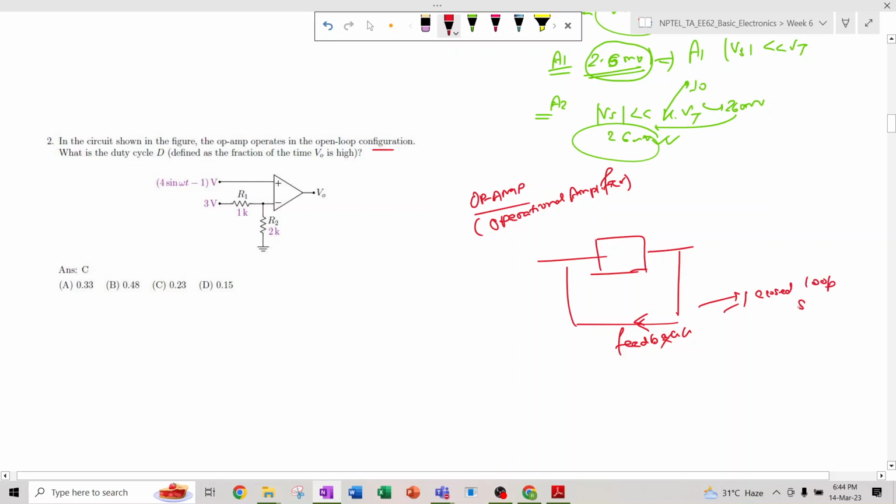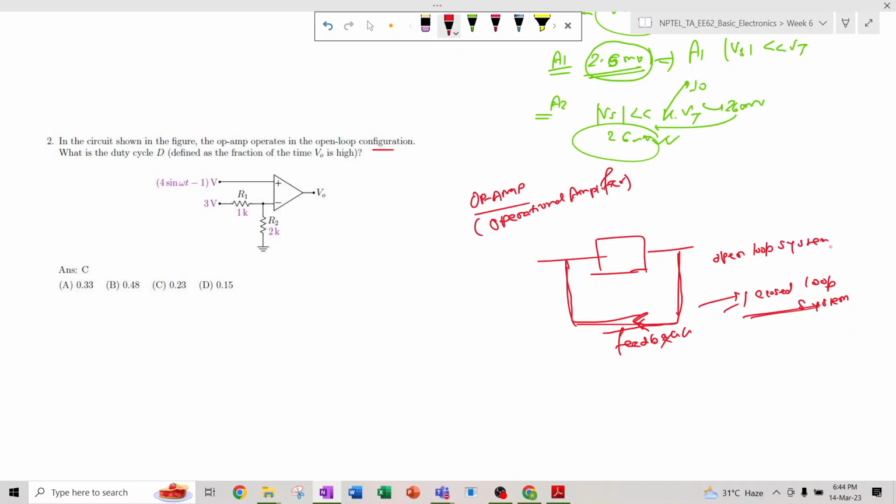But if there is no output to input path, or any feedback path, feedback meaning output to input path, then that is called an open loop system or open loop configuration. So here you are applying some input and getting the output, but you are not feeding any partial or full amount of output back to the input, so there is no feedback path. If the feedback path is not there, then this is in open loop configuration.